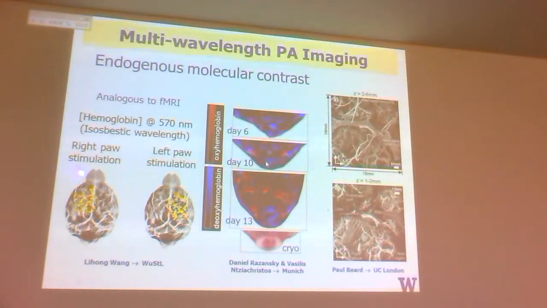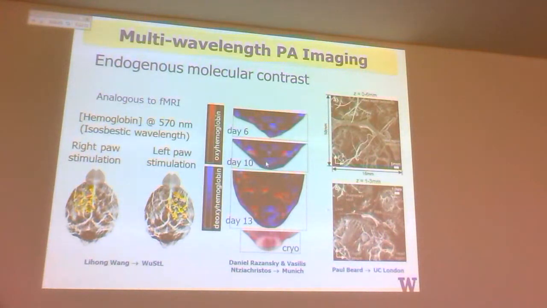But anyway, this was the cover of Nature, and it was one of the things that was like, okay, photoacoustics is on the map, which was doing fPA. We had fMRI and fNIRS, and this was fPA. So instead of a finger tap, it's done in a rat, with right paw and left paw stimulation, looking at the change in oxygenation state associated with the stimulation.